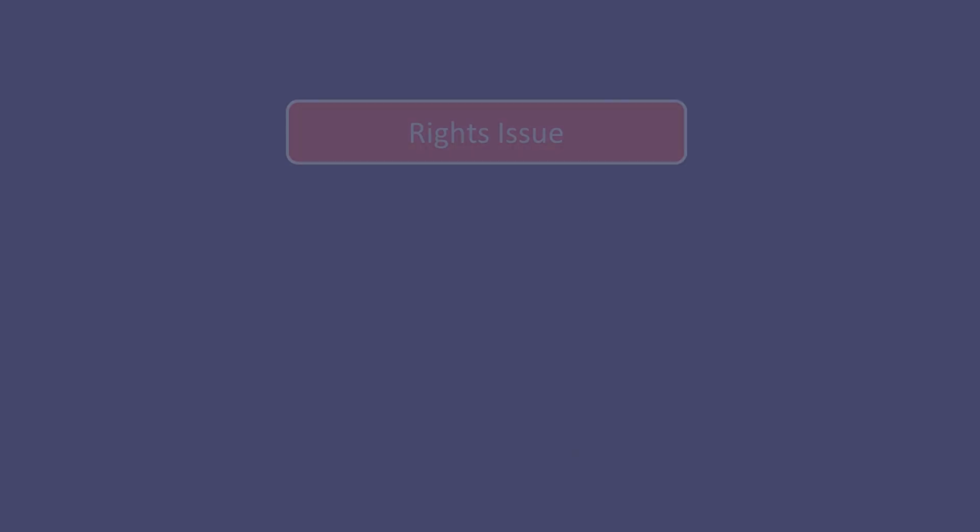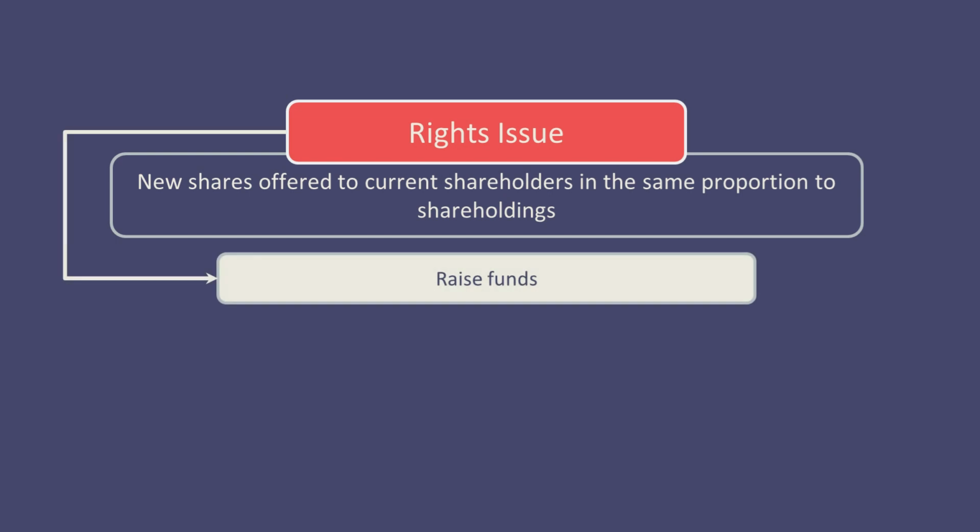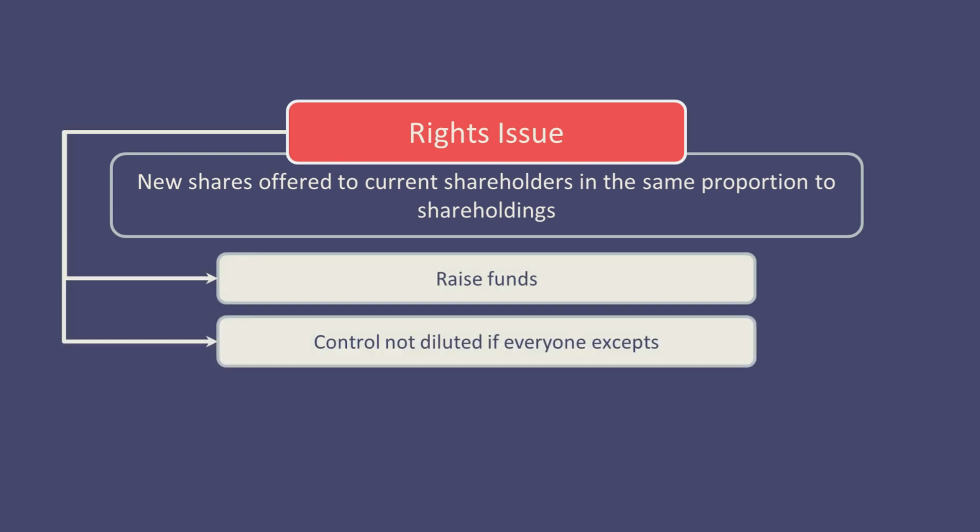Finally, let's look at a rights issue. This is when new shares are offered to current shareholders in the same proportion of their shareholding. This is to raise funds, and if everyone accepts, their control is not diluted.